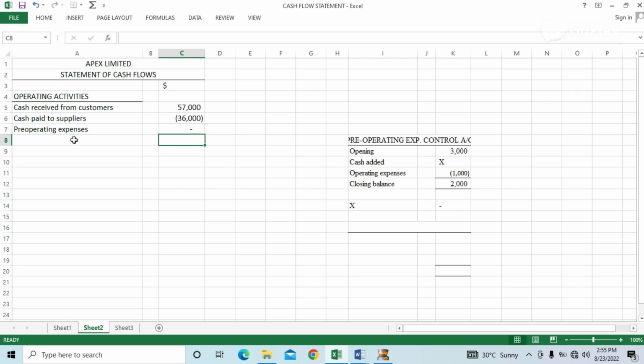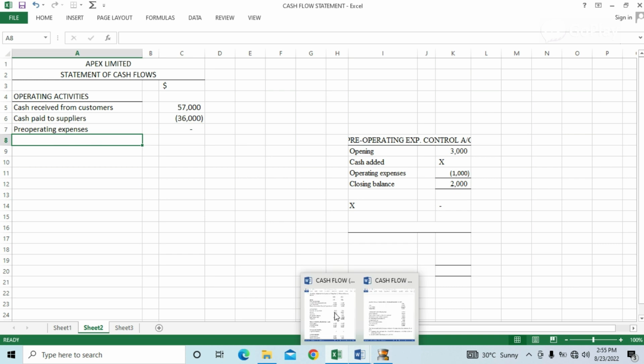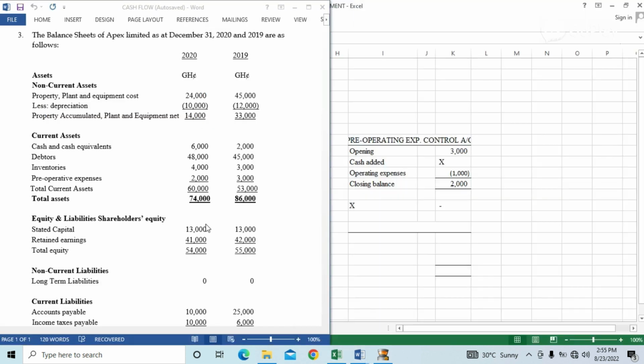So we move to the next current item, which is either the current asset or the current liability. So let's check the current asset. Okay, we have the total current asset, which we are not going to include anyway. The top, cash and cash equivalent, we will not include because that is what we are trying to find.